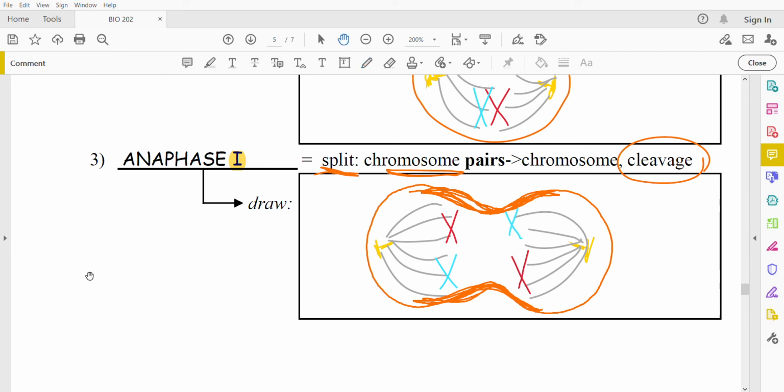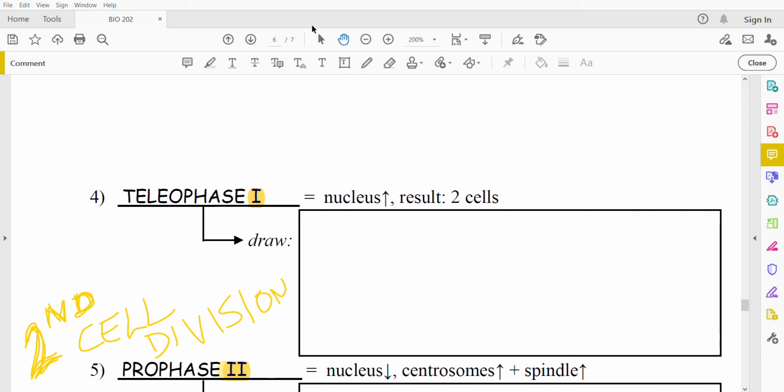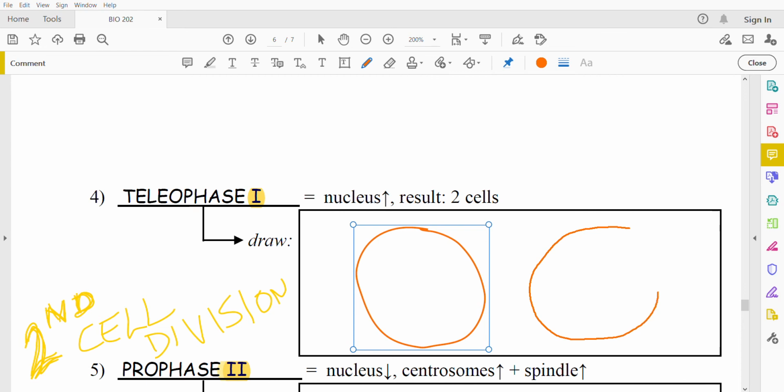And finally, we reach the telophase 1 of the meiosis. And now we're going to have two cells that have resulted from this process. And the nucleus on these two cells is also going to reappear.